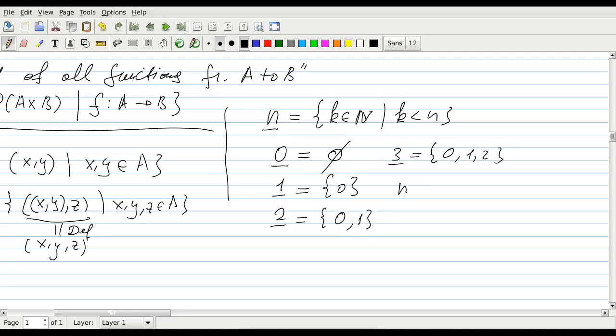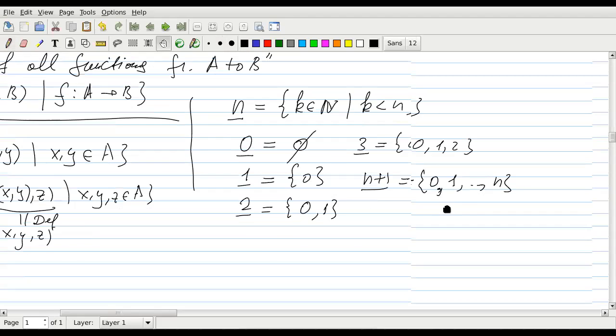And in general, n plus 1 underlined? There are n plus 1 numbers here, but which numbers? From 0 to n. The first n plus 1 naturals. Is it clear?